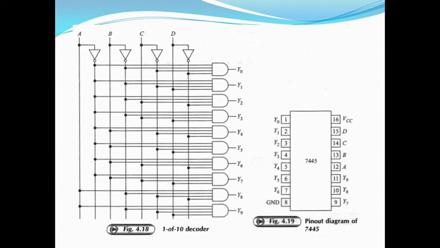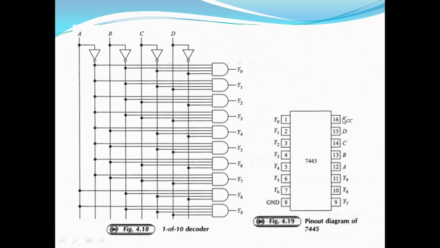If you see this IC, this is a 16-pin IC and it is a TTL. So pin number 16 is utilized for the VCC and pin number 8 is utilized for the ground. VCC, how much you have to give?